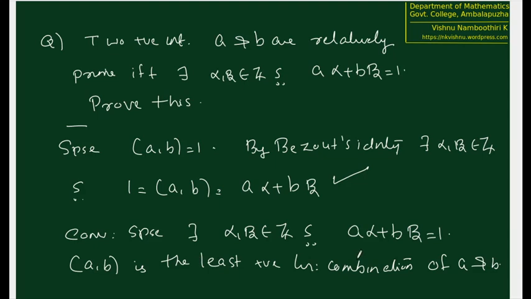We know that it's the first natural number 1. So GCD of A, B is the least positive linear combination of A and B. Therefore, we have to take all possible Am plus Bn and find the least positive integer among those. But already it's given that there is an alpha and beta such that A alpha plus B beta is equal to 1. So what is the least possible linear combination then? That is A alpha plus B beta is equal to 1. Therefore, GCD is going to be equal to 1.